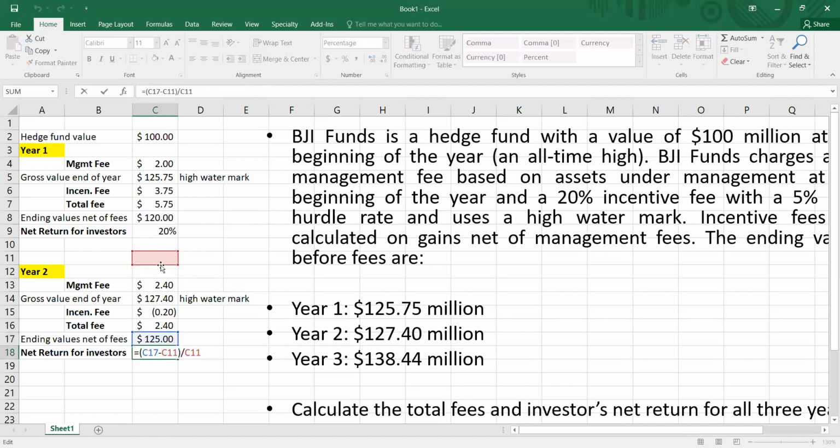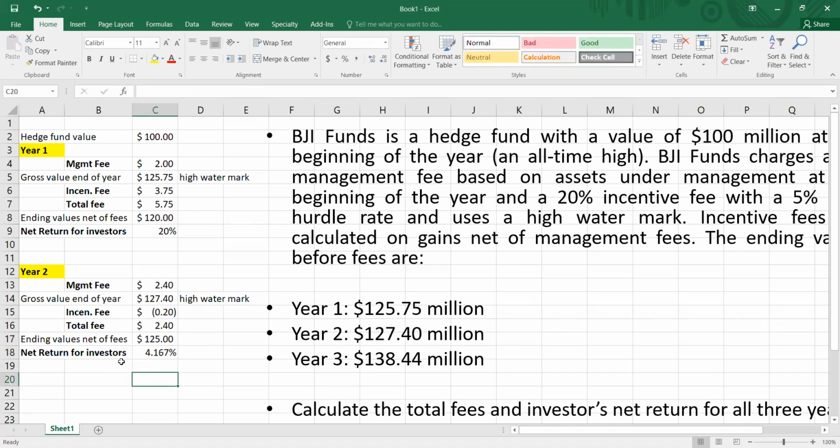So 125. And I guess we should get the net return for the investor less than 5 or more than 5%? Less than 5, because our incentive fee is negative. So that was the reason why we don't receive our money.